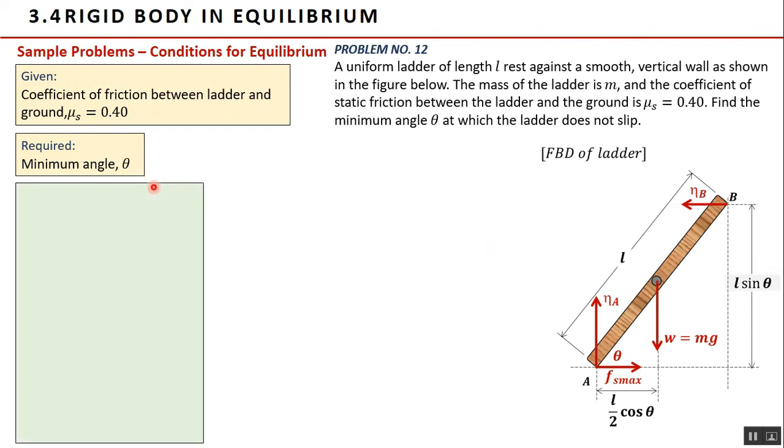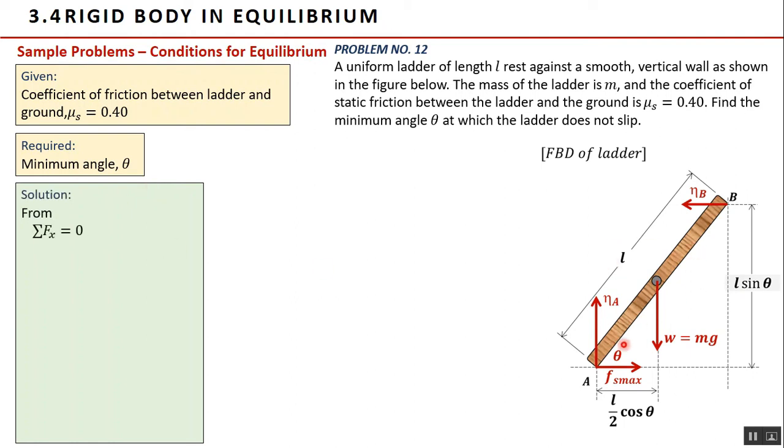Always think that in equilibrium, we have three equations that we can depend on: the summation of torques equal to 0, the summation of forces along the x-axis equals 0, and the summation of forces along the y-axis equals 0. Let us consider first the summation of forces along the x-axis equals 0.